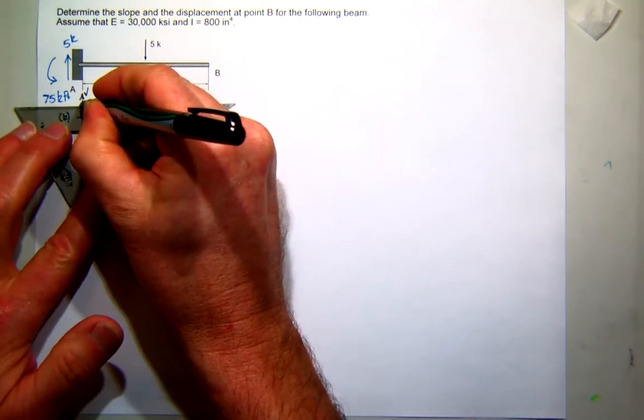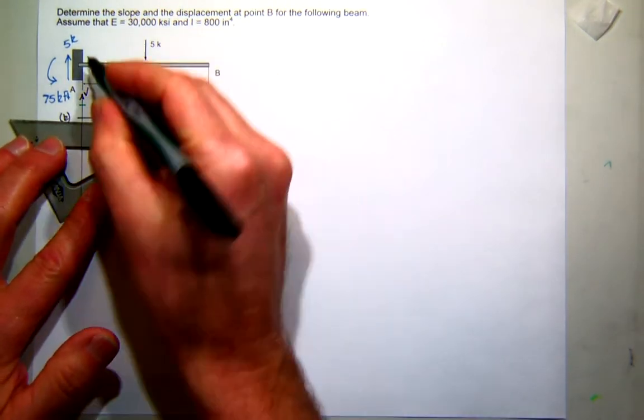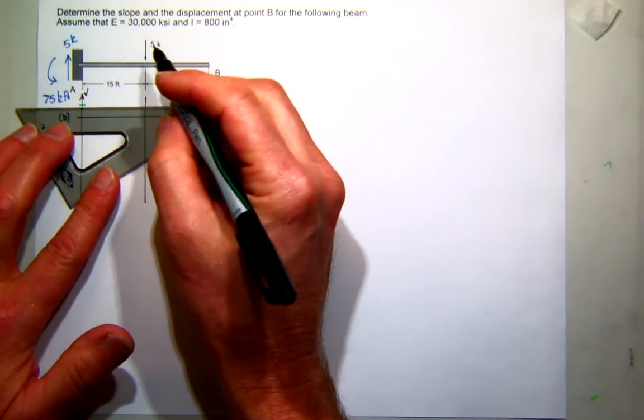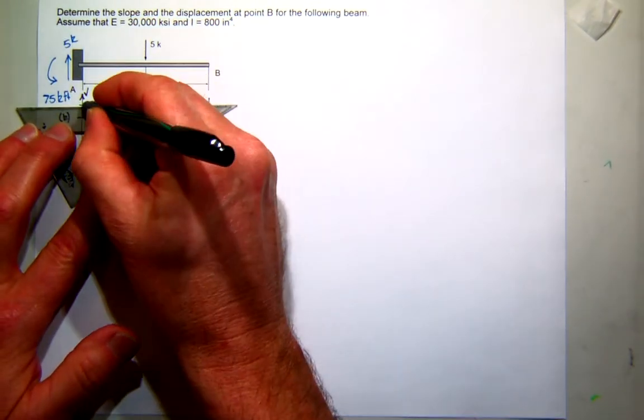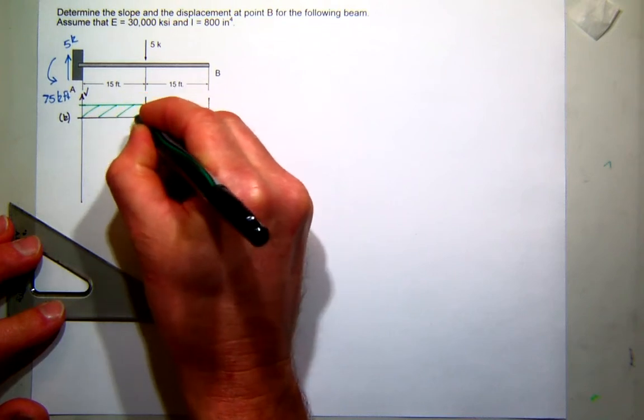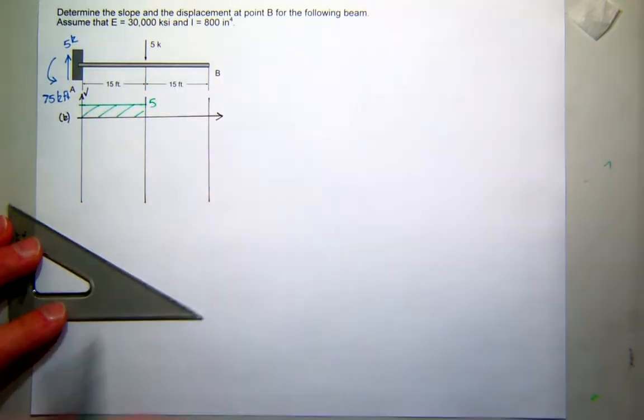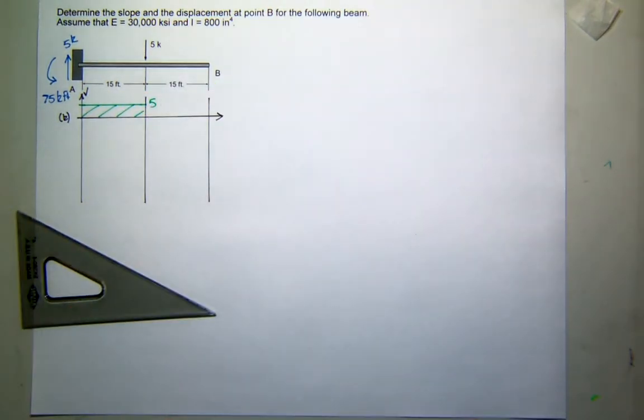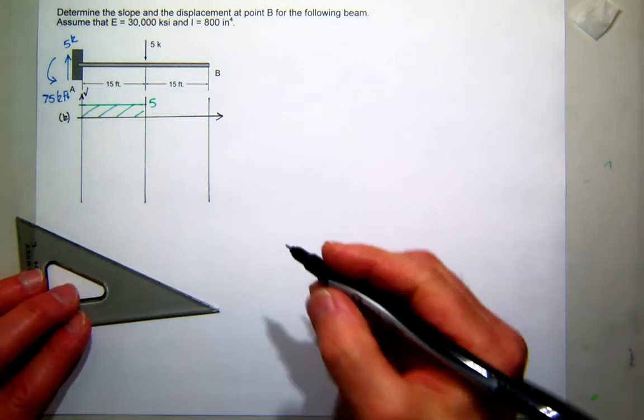Looks like it's 5. There's no change in shear because the area in the load diagram is 0. Slope is 0. So I get a nice constant value of shear of 5 kips. No shear on the second half of the beam. Okay? Any questions about that?